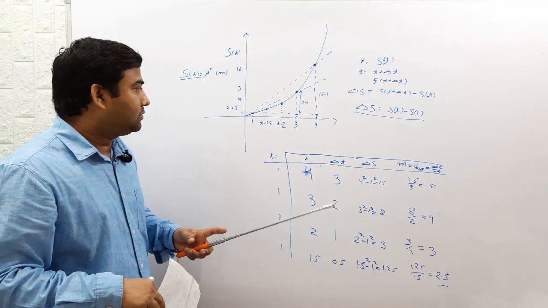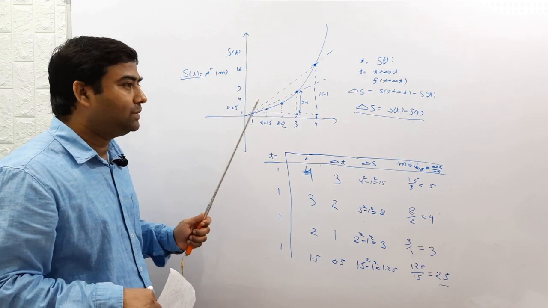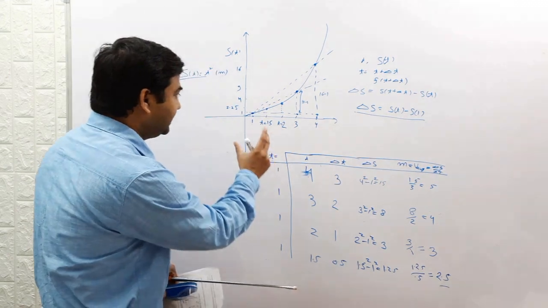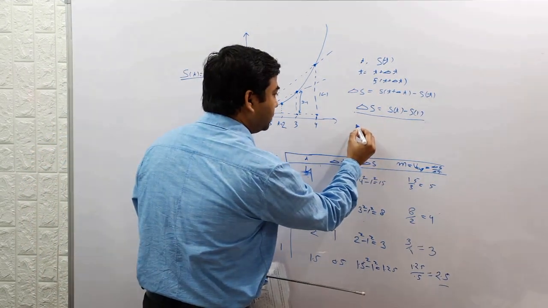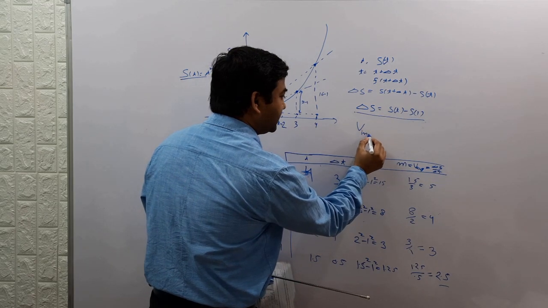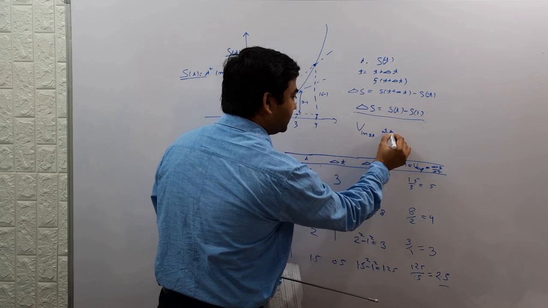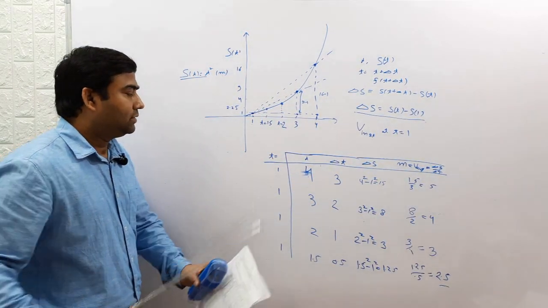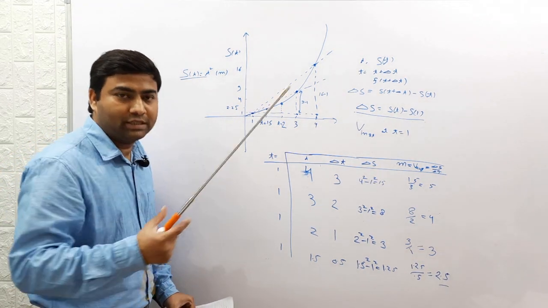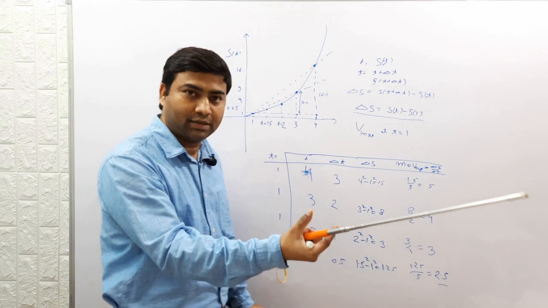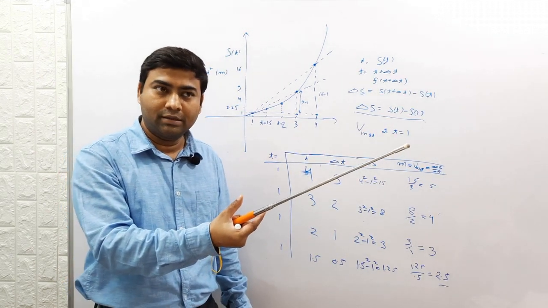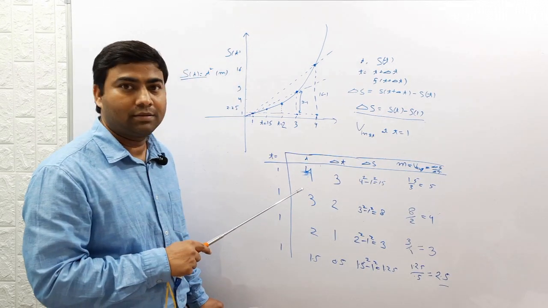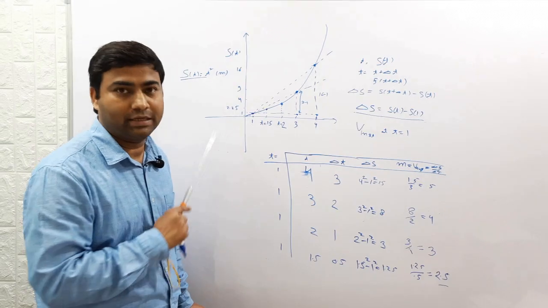So what will be instantaneous velocity? Let us find instantaneous velocity at t equal to 1, v instantaneous at t equal to 1. You can see, when we find average velocity between 2 points, the closer those points are, the more closely the average velocity will correspond with instantaneous velocity.